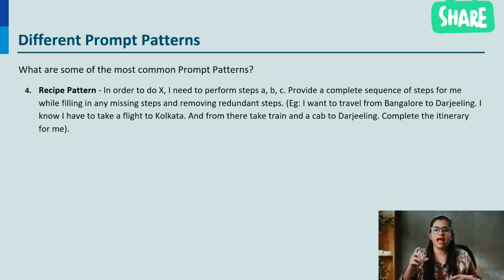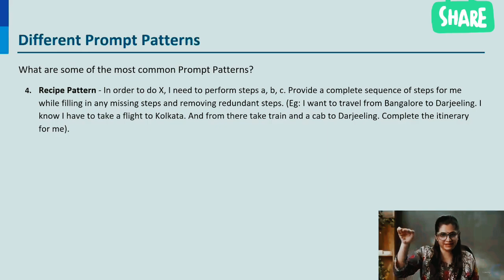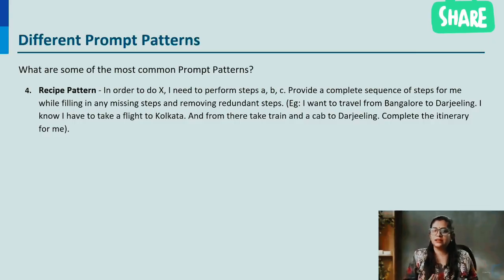Now, based on this, I am telling ChatGPT to complete my itinerary. This is a recipe pattern where you know you want to do an X task, and you know that A, B, C are the subtasks or the steps that are necessary for you to do that X task. So this is the recipe pattern.